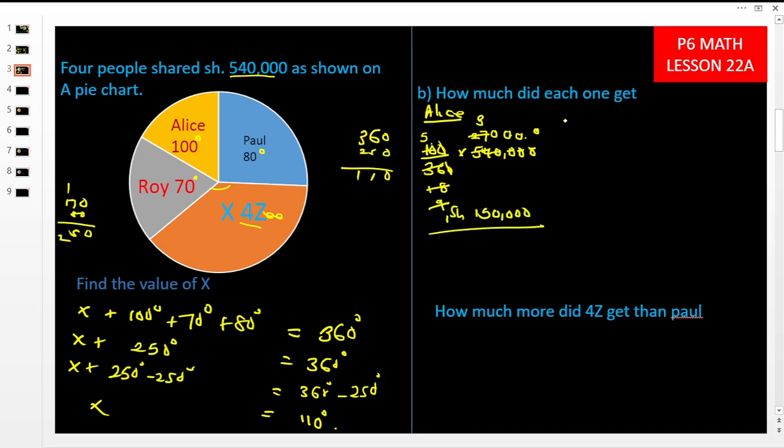Okay, let me divide here. So let us get this for who? For Paul. Let us get Paul's income. So it is 80 out of 360 times the total amount, 540,000 shillings. 0 with a 0, by 2 it's 4, by 2 it's 18, by 2 it's 9, by 2 it's 2.